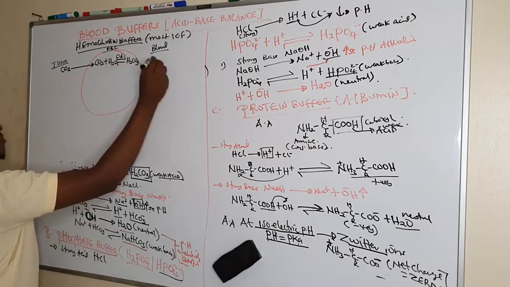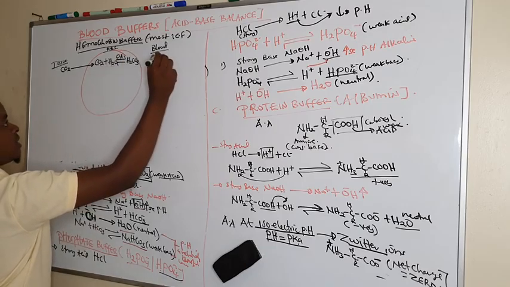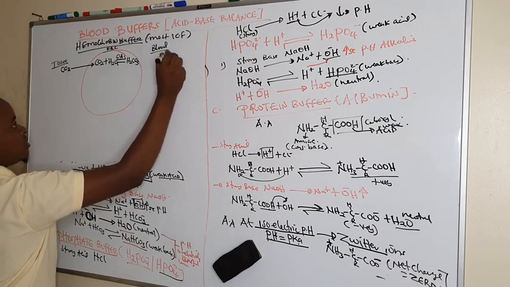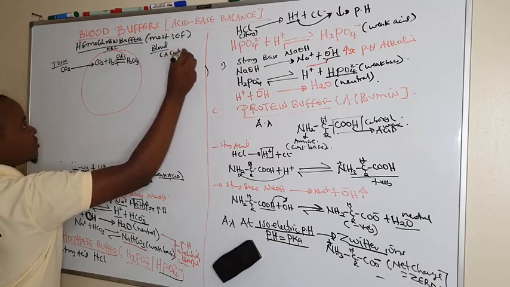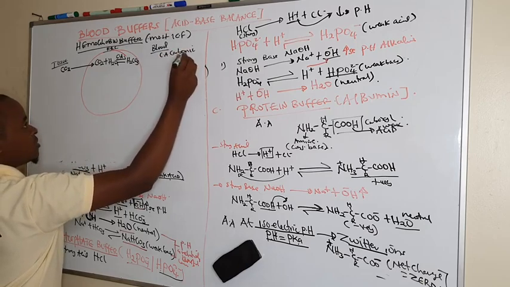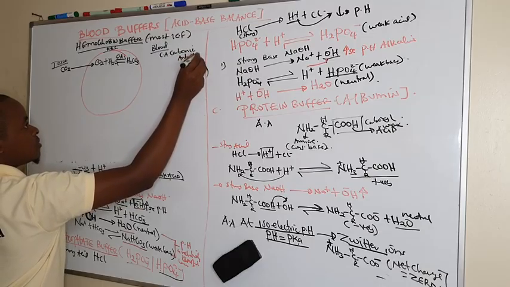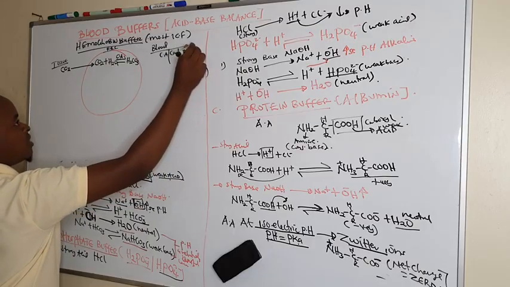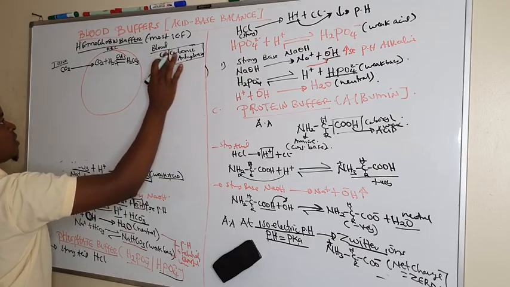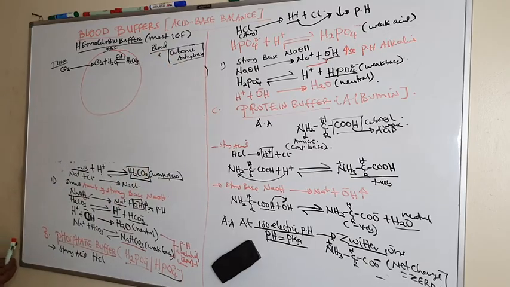So the carbonic anhydrase enzyme is the one that is catalyzing the formation of weak carbonic acid.